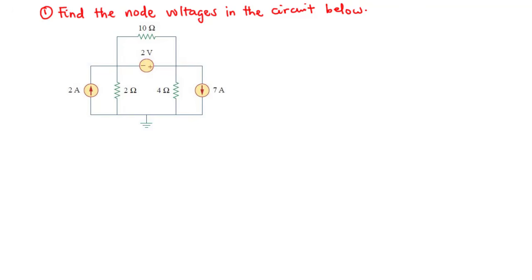One, if there exists a voltage source between the reference node and any of the non-reference nodes, then we simply set the voltage at the non-reference node equal to the voltage of the voltage source. As an example, let's say we have this to be the reference node, and a node here which is a non-reference node, and there exists a voltage source in between these two nodes, let's say 10 volts.